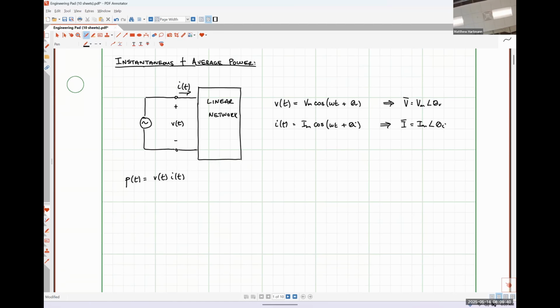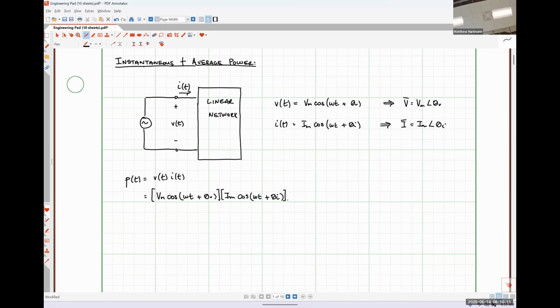What I'm going to do now is substitute in our sinusoidal expressions for voltage and current here. So this is going to look like Vm cosine omega t plus theta v multiplied by Im cosine omega t plus theta I, okay?